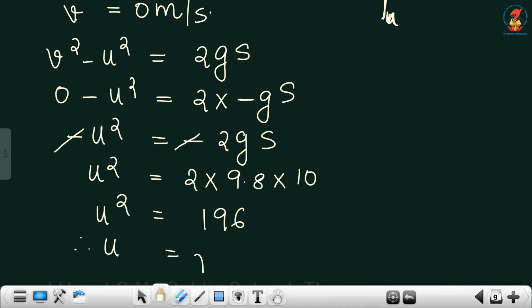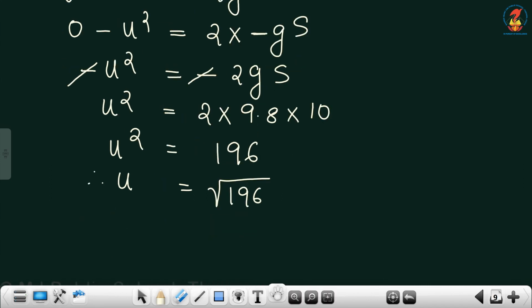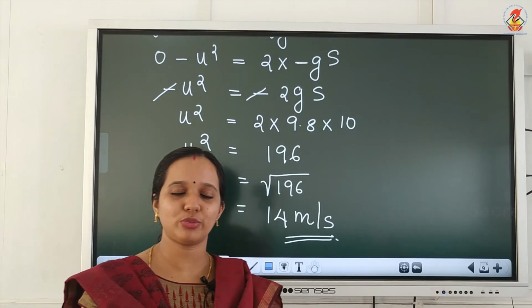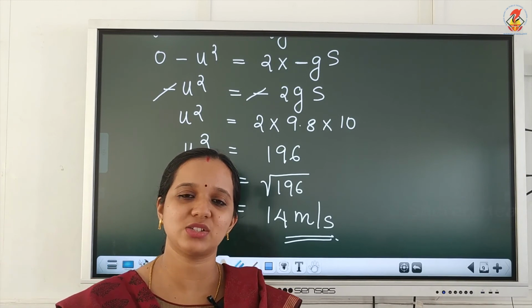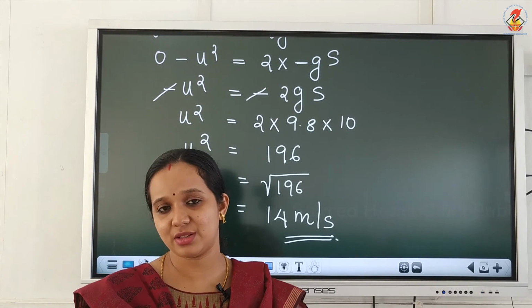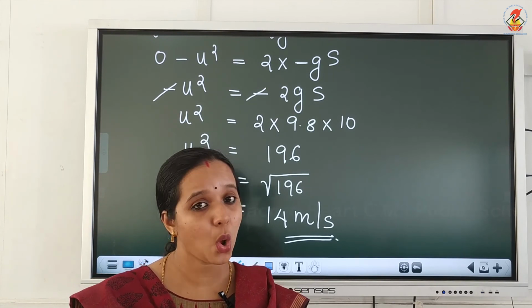Therefore, u will be square root of 196. On simplifying, you will get u is equal to 14 meter per second. This is the answer for subdivision 1.